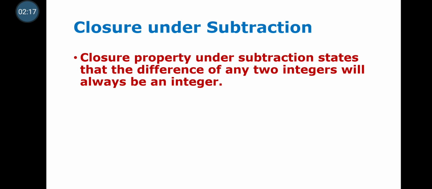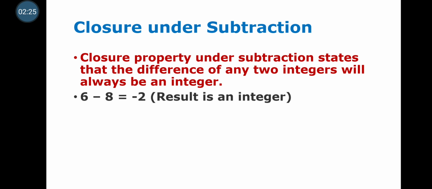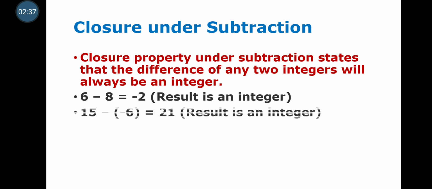If you subtract any two integers, you get a result that is also an integer. Let's see an example: 6 minus 8 equal to minus 2. 6 is one integer, 8 is one integer, and when you subtract, you get minus 2, which is also an integer.